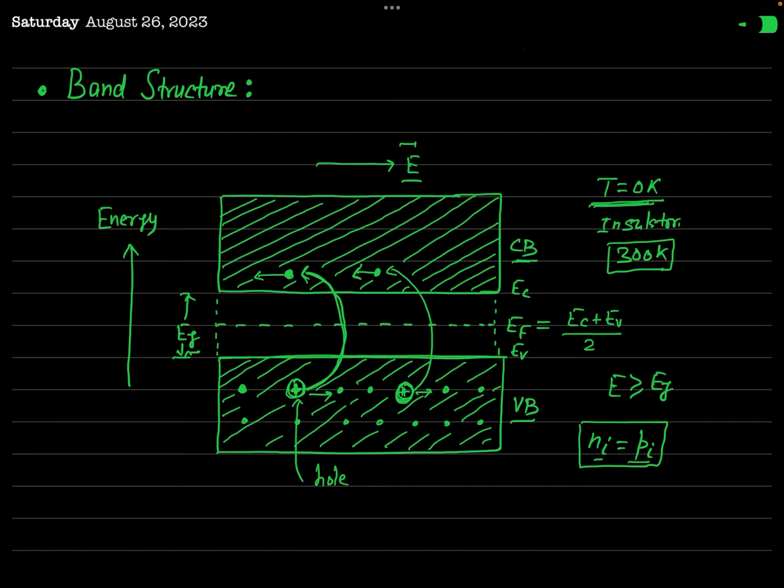Are the physical conditions the same? Answer is no. Electron is moving in conduction band and hole is moving in valence band. And you have applied an electric field E.